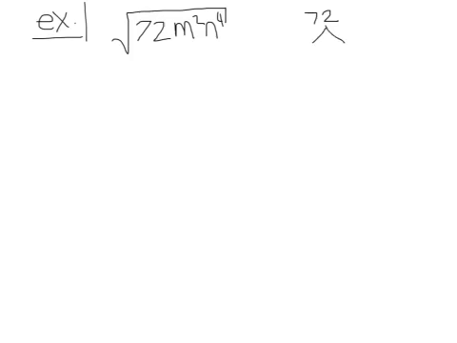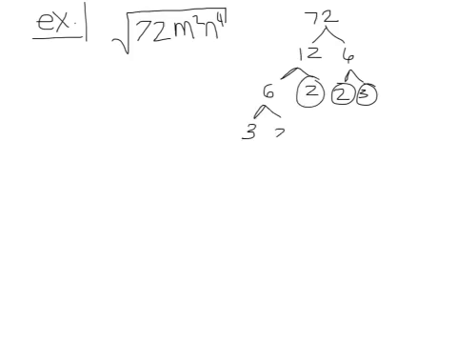That's step 1. So when we do that, we have 12 and 6. Quickly break down the 6 into 2 and 3. Circle. These are prime. 12 can be broken down to 6 and 2. Circle the 2. Continue breaking down the 6. Now we've broken it down to all prime factors, and I'll rewrite it for you under the radical.